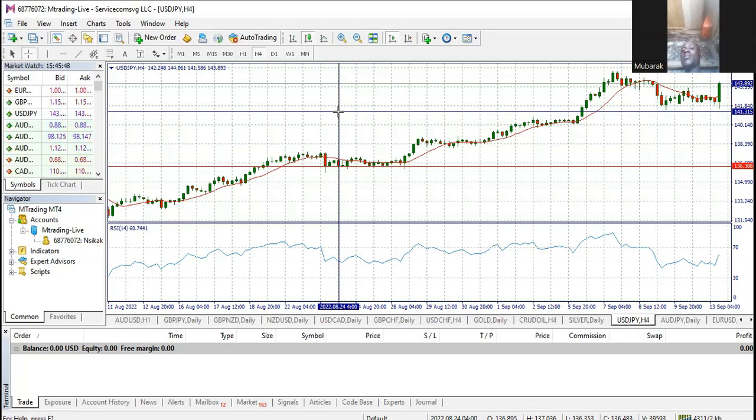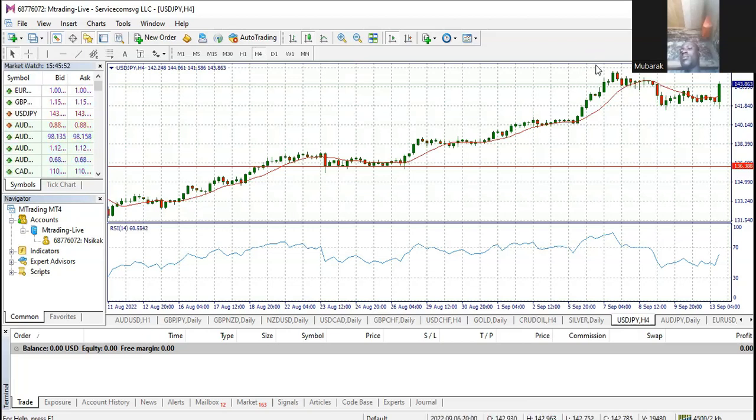I was selling. I took a sell on USD JPY based on the analysis I did on Saturday or Sunday, and it was selling, but less than 1 hour, I think 30 minutes, prior to the news, I closed all my trades on USD because I checked the forecast of the news, and it was likely to favor the dollar. And I know if the news favors the dollar, USD JPY will buy, so I closed all my trades.